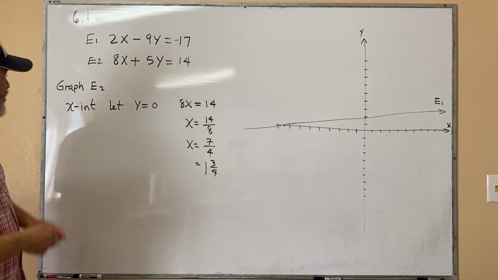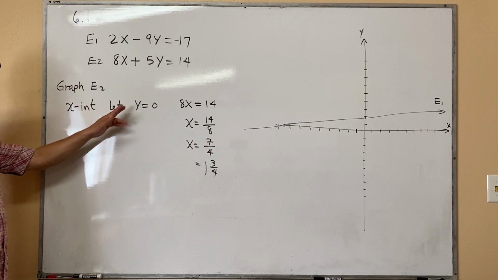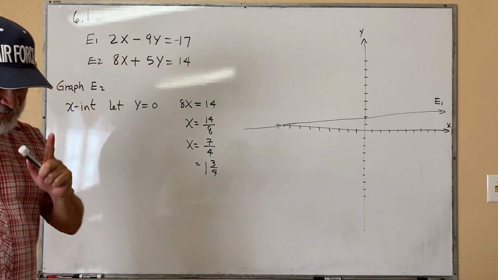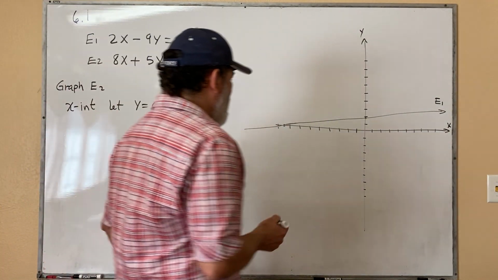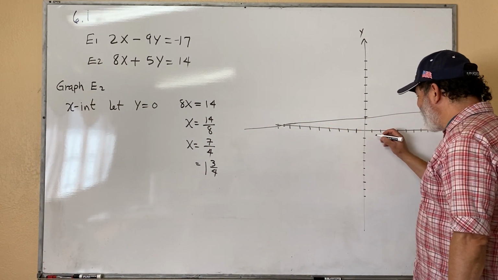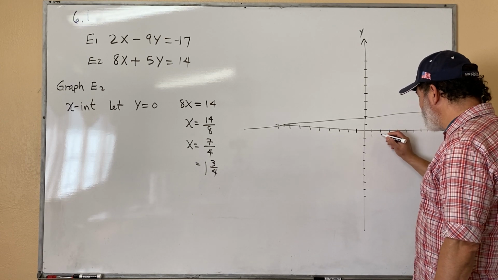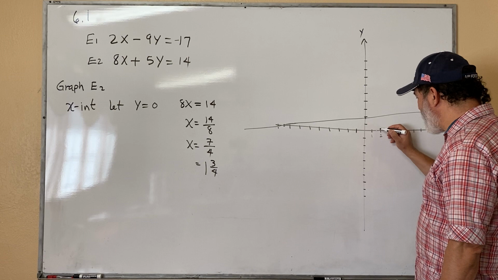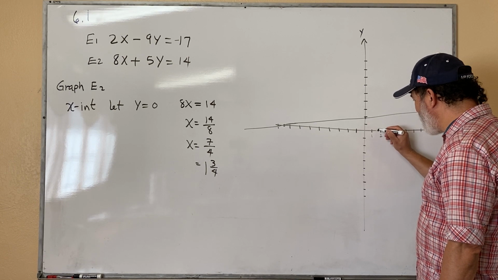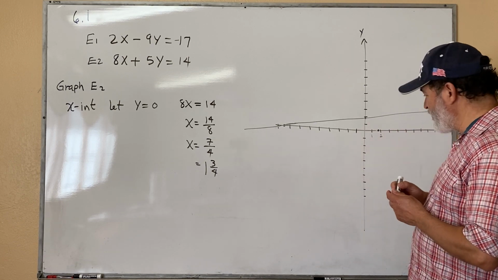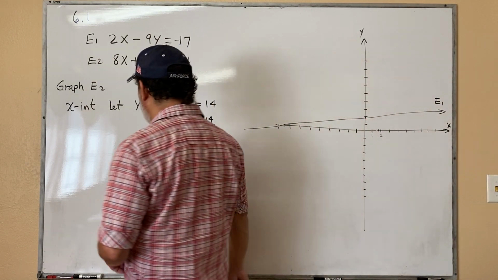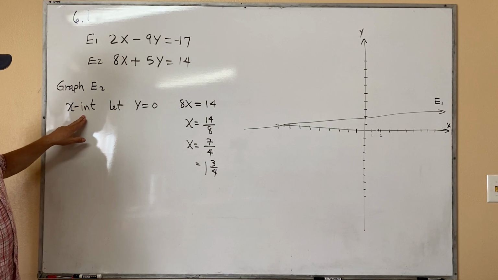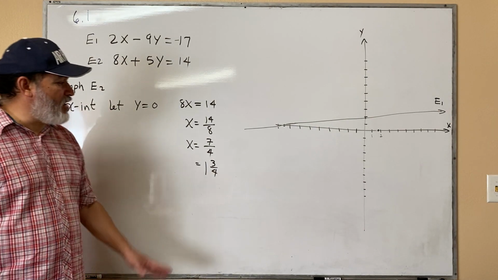So when y is 0, x is 1 3/4. This is x equals 1, this is x equals 2. 1 3/4 is right around there, approximately. When y equals 0, x is 1 3/4, right there.